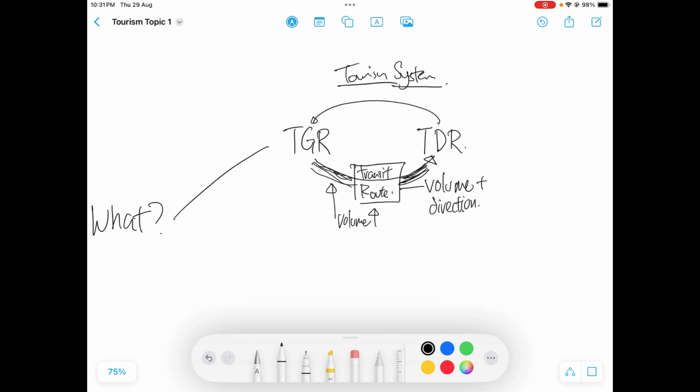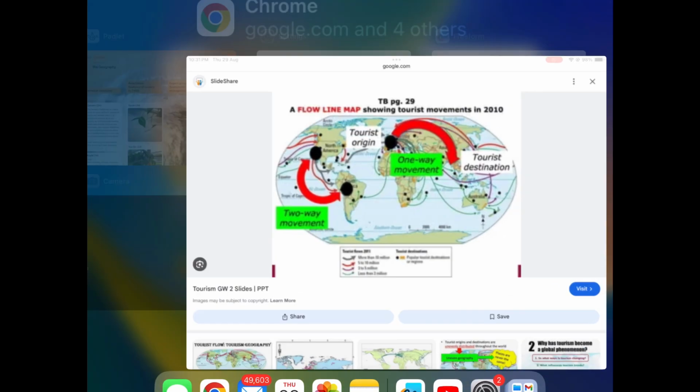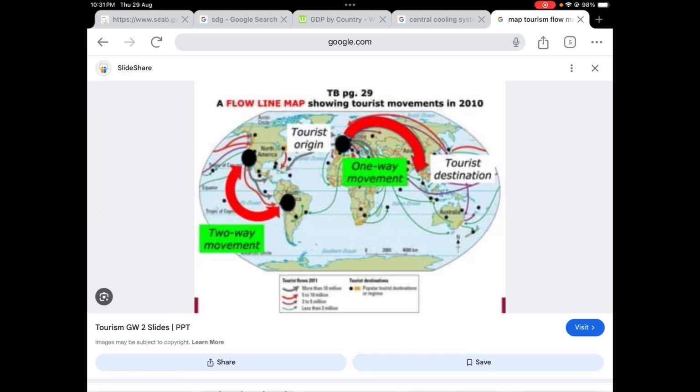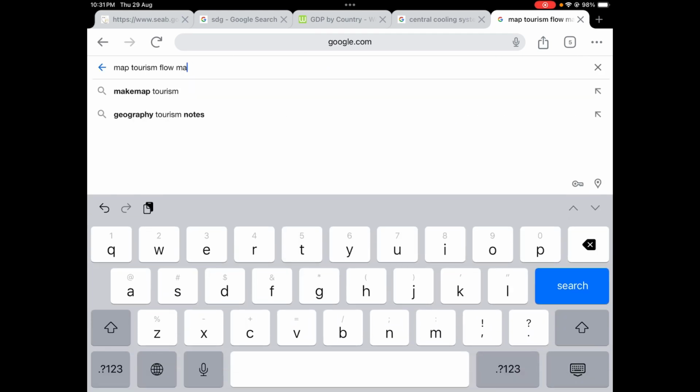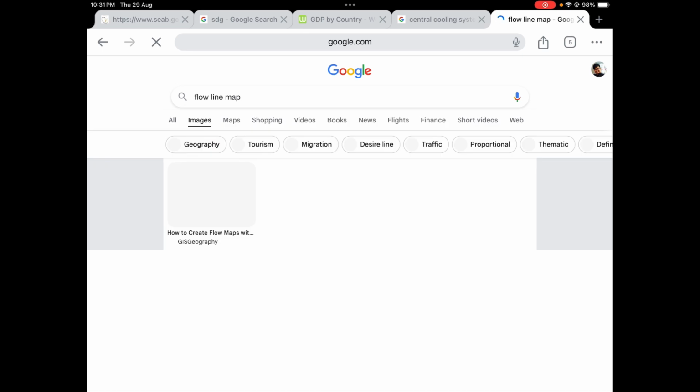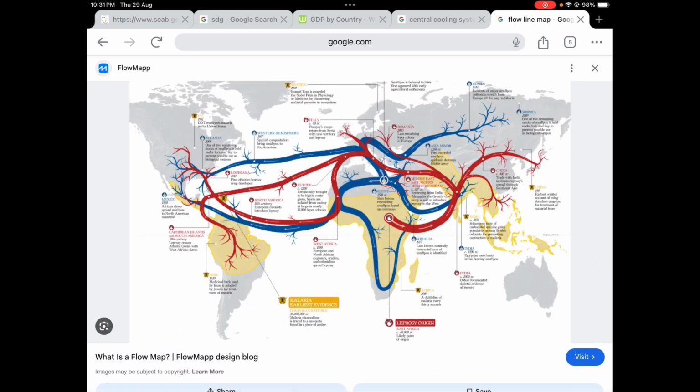Okay, so you can see over here, if we go to a map such as this, okay, I'm not sure why this is a blur. Let me just search for flow line map. Alright, flow line map. Okay, so you can see over here, these are the major routes between different regions.